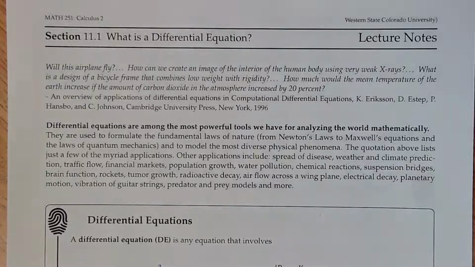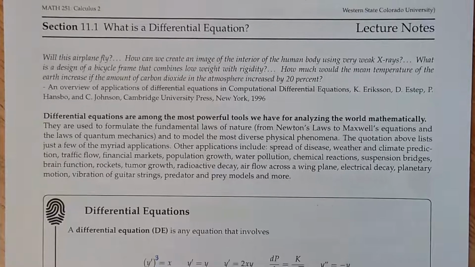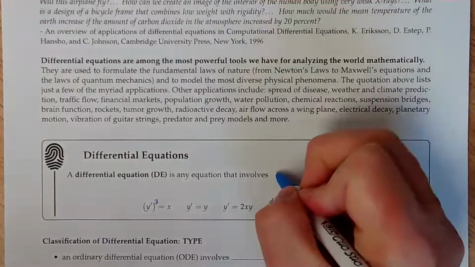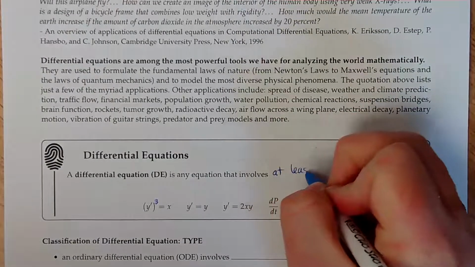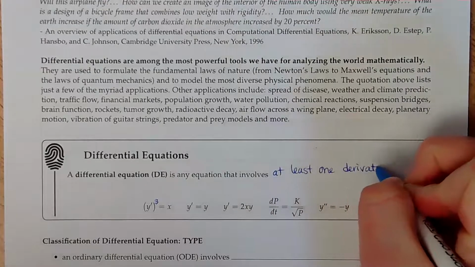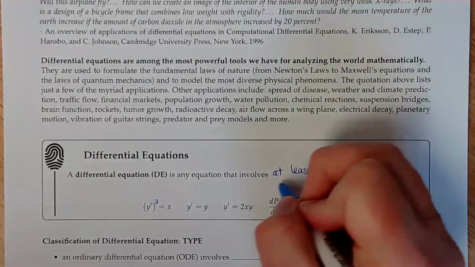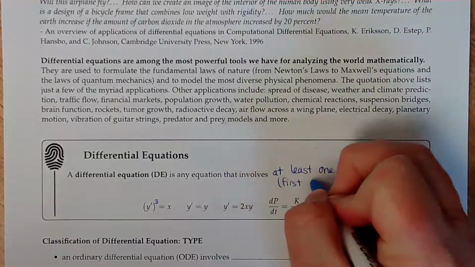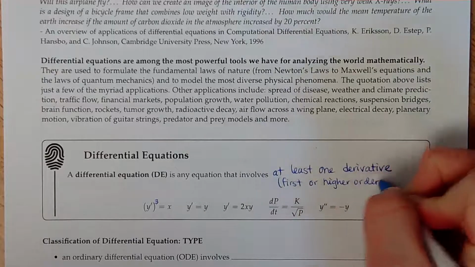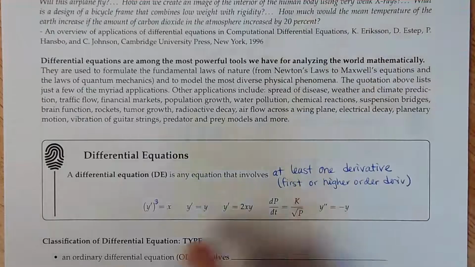So what is a differential equation? A differential equation is any equation that involves at least one derivative, and that can be a first derivative or a higher order derivative. So I have some examples here.